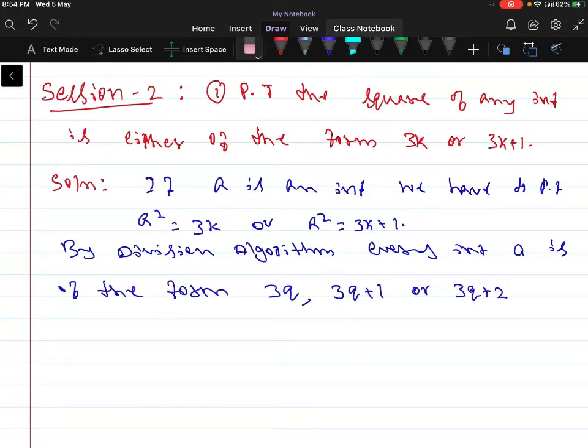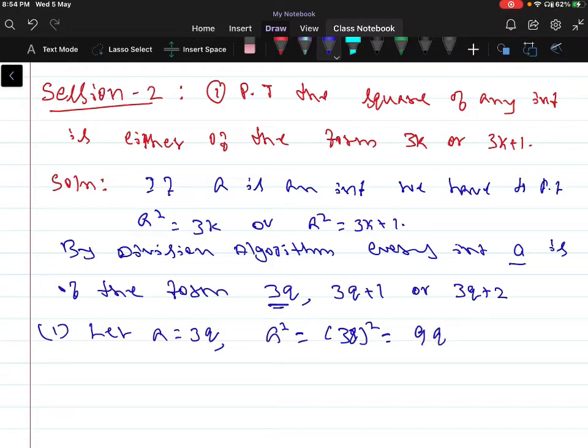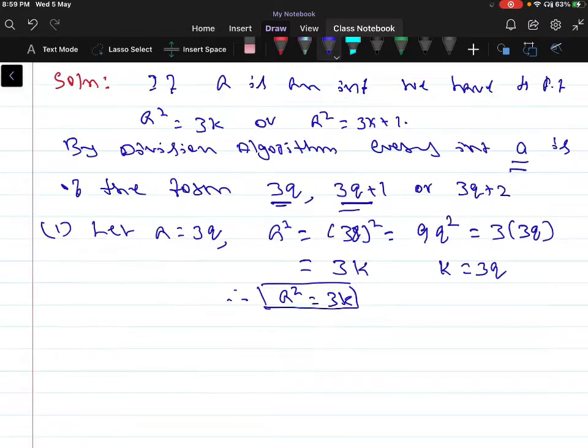So in the first case, let us take a is equal to 3q. Let a is equal to 3q, then a square is equal to 3q whole square. That can be written as 9 into q square. So this can be written as 3 into 3q^2.